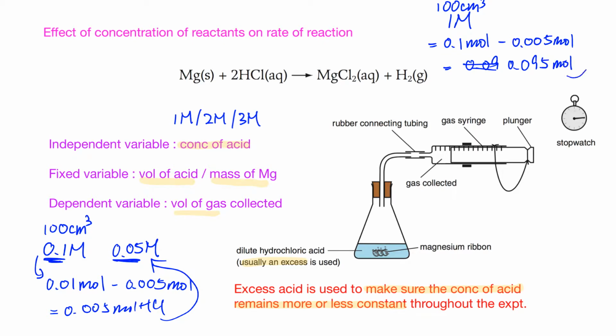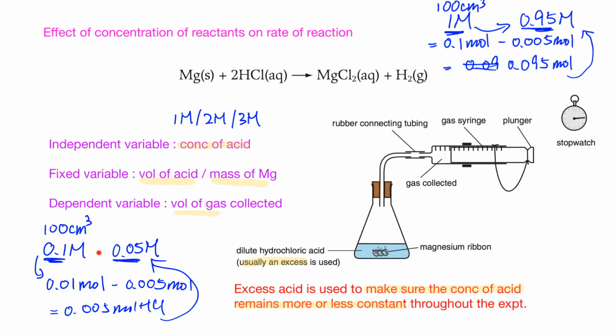If I convert it back into concentration, that will be 0.95 M. You can see that the reduction from 1 M to 0.95 M, in percentage, is far less than this one. So we will say that 1 M and 0.95 M is more or less constant in the process.